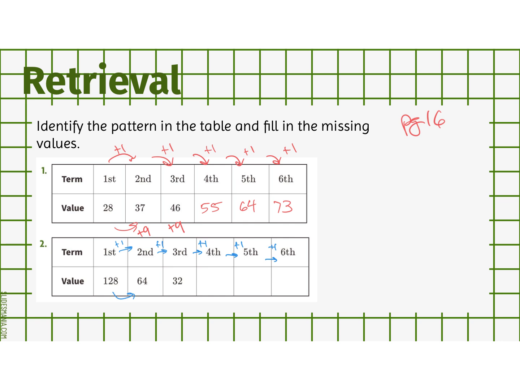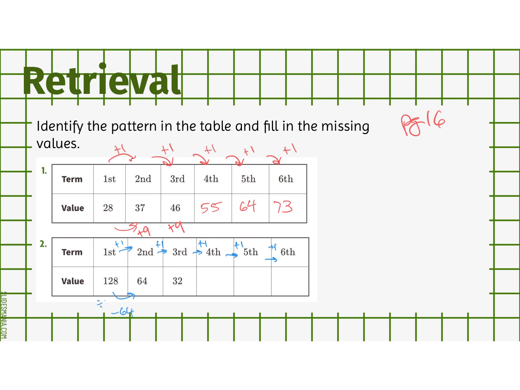If I did 128 minus 64, I subtract off 64. But then if I do 64 minus 64, it's 0. So there is a different pattern going along here. I'm going to do 128 divided by 64. That's 2.